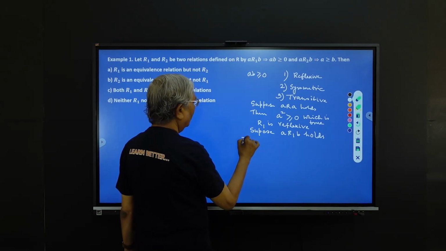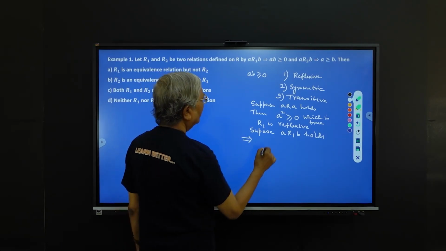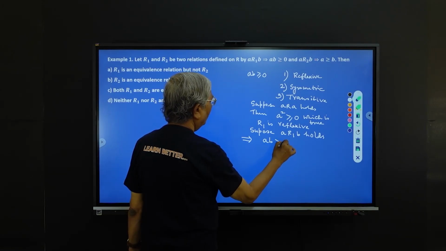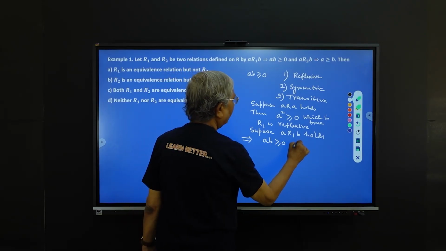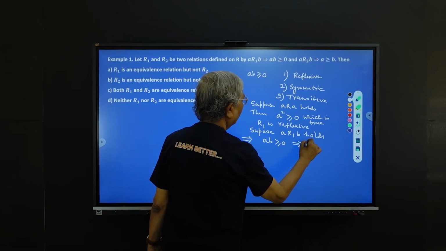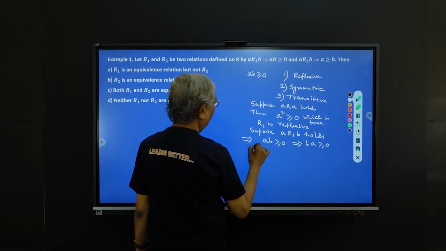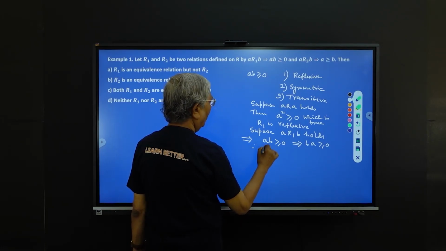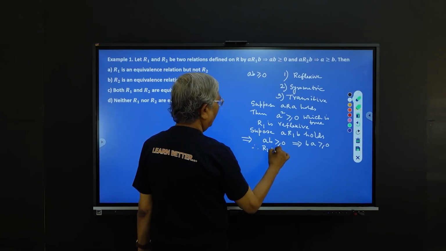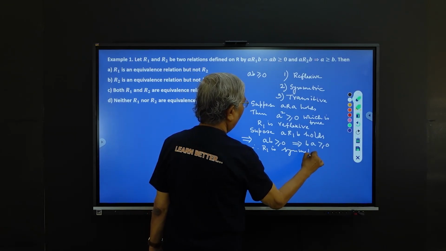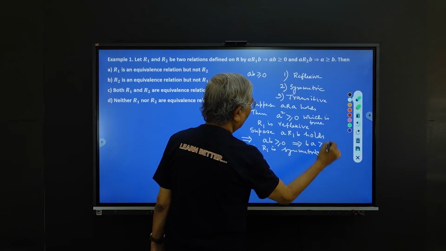This implies ab greater or equal to 0. This implies ba greater or equal to 0. Therefore, R1 is symmetric.